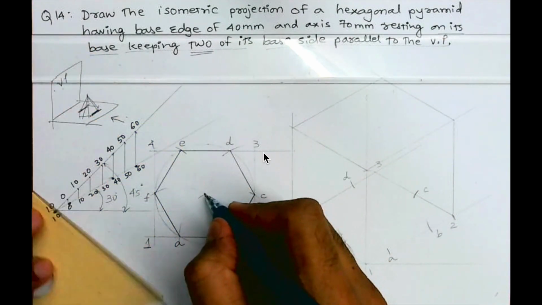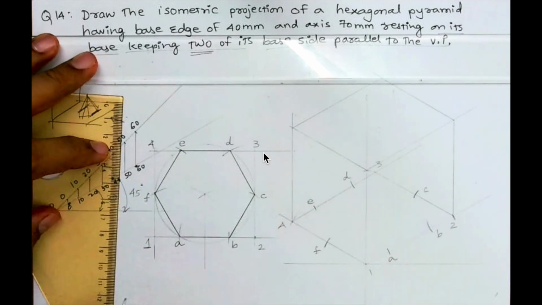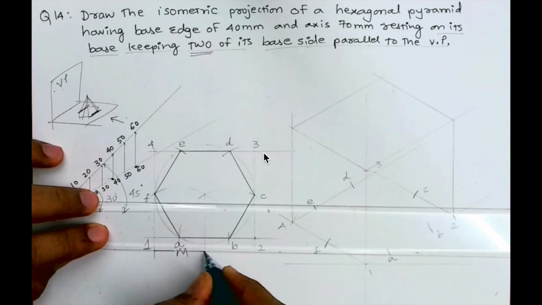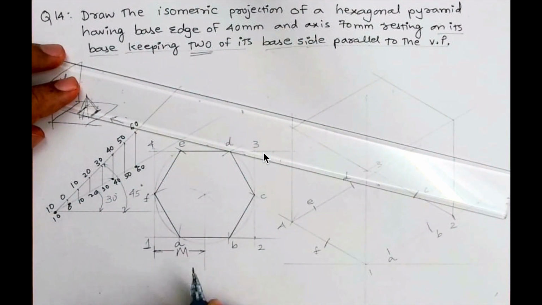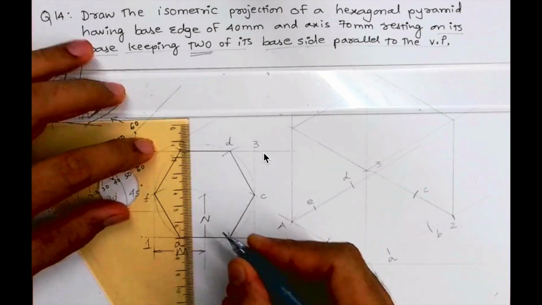And after that we'll mark the center point and we'll mark distances M and N. So all of you know how to mark points M and N. So you'll get the axis.